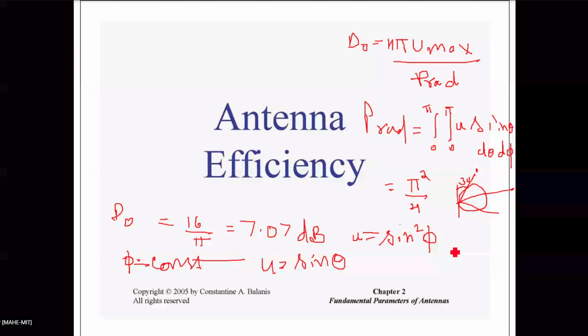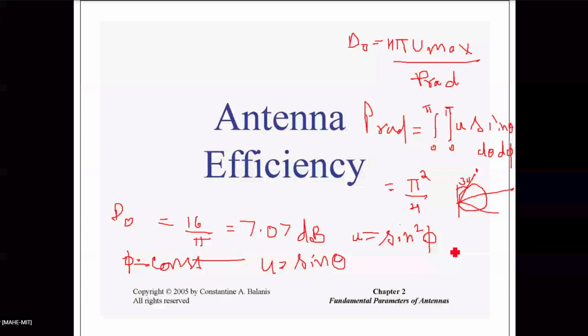Find the directivity using the exact formula. Have you noted down the problem? Sir, it is 1 for which range? It is 1 for theta from 0 to 20 degrees. Phi varies from 0 to 2 pi for all the three cases.